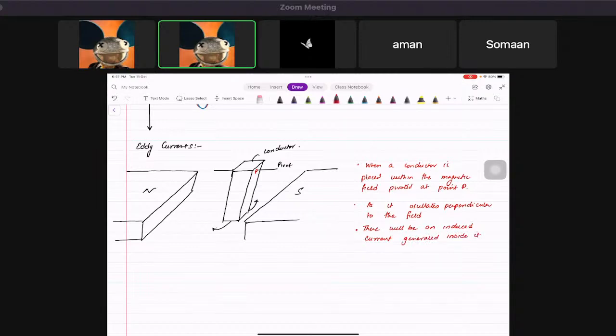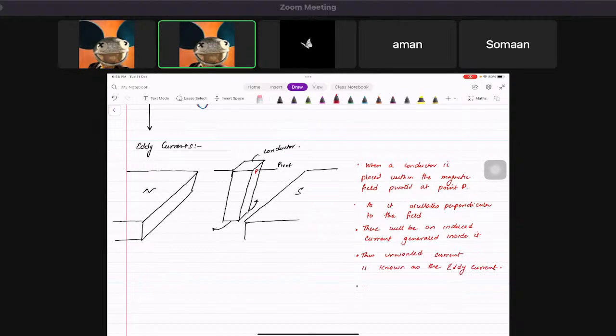So this unwanted current, which we don't want to induce, since we just want the conductor to oscillate, is known as the eddy current. And that's one of those things which happens regularly.